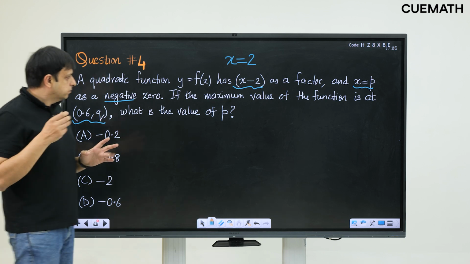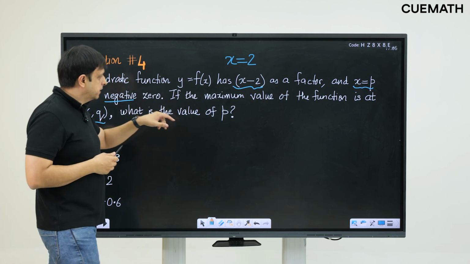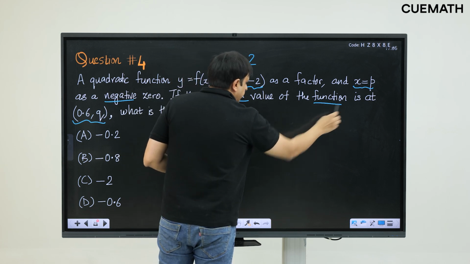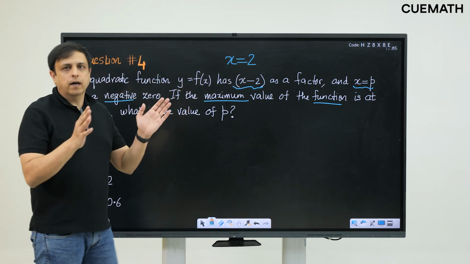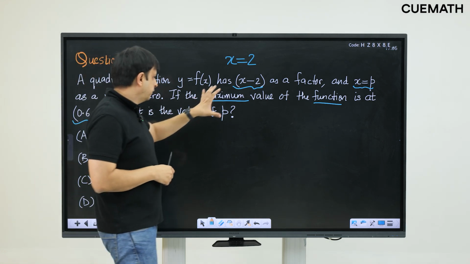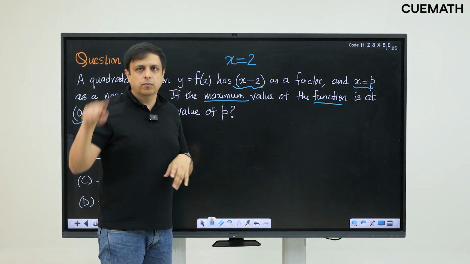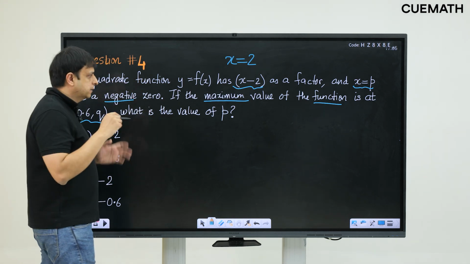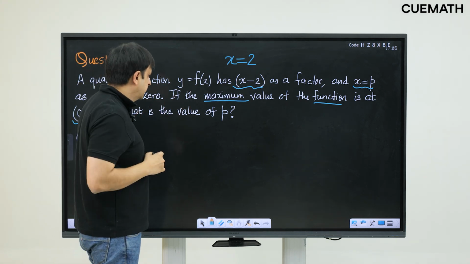So, one thing to immediately infer from this is that we are told that there is a maximum value of the function. Now, if the parabola was opening upward, there would be no maximum value of the function. So, immediately from this statement we infer that the parabola is opening downward, because that means that there is a maximum point that the function attains.